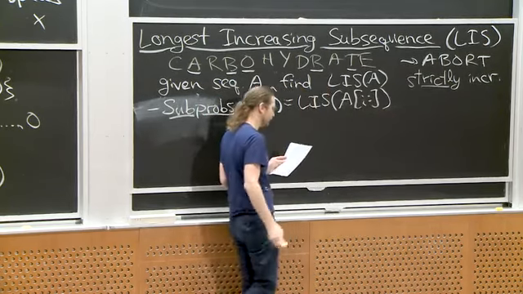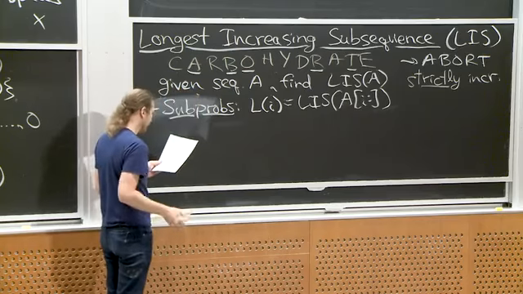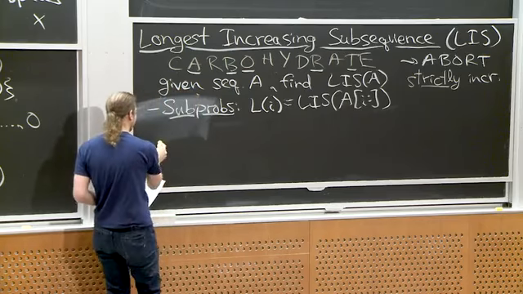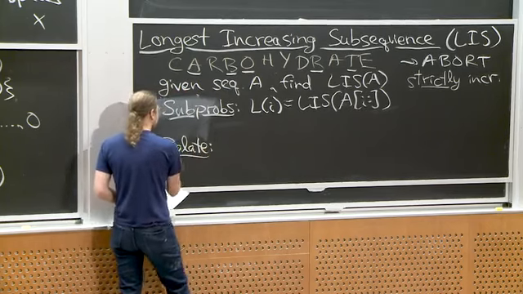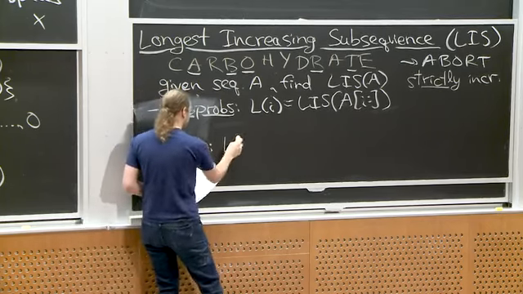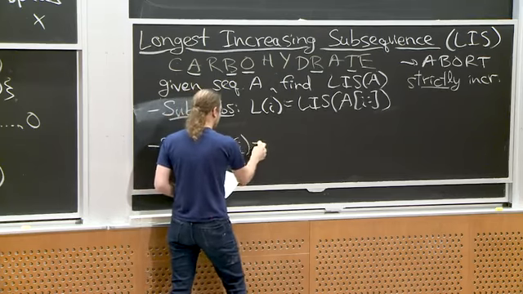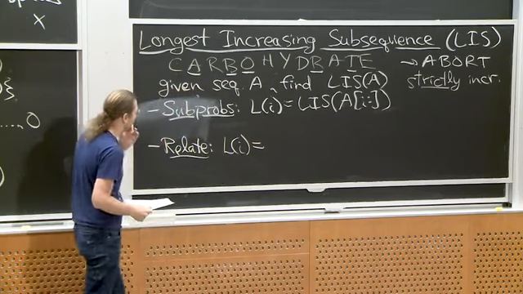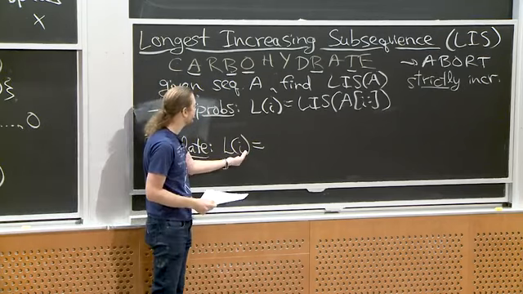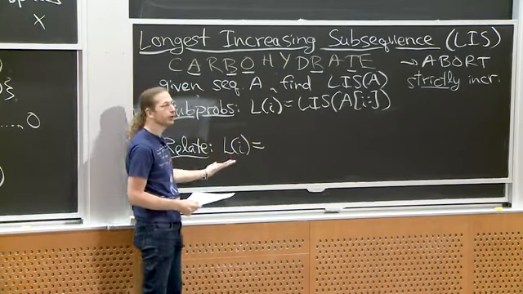OK, that's the obvious thing to do. And now I'm going to leave myself a little space. And then I'd like a relation on these. So I'd like to say what L of i is. And what do I have to work with? Well, I have L of things larger than i. Those would be smaller suffixes.